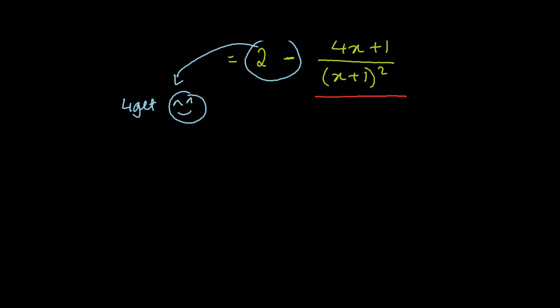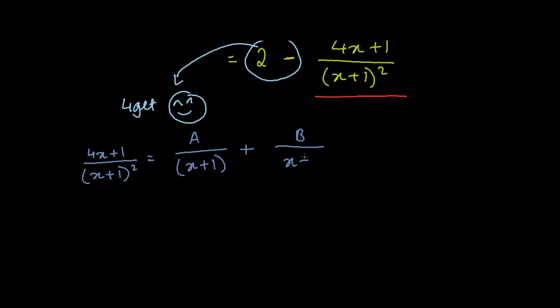Okay, so let's get back to this. (4x plus 1) over (x plus 1) whole squared is equal to a over x plus 1 plus b over (x plus 1) whole squared.